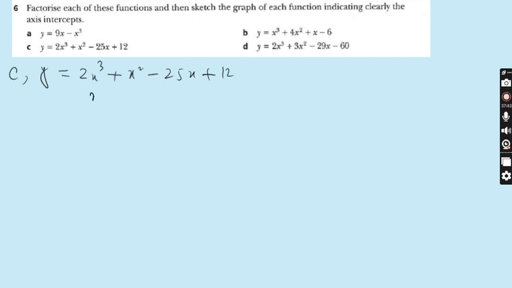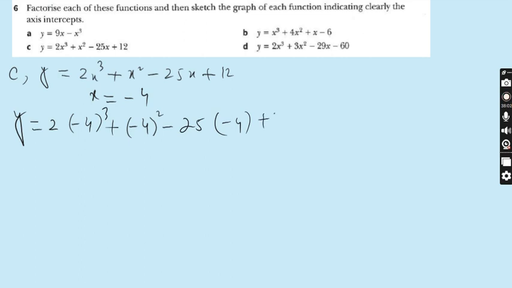If you put x equals to minus 4 in the given expression, you will get 2 times minus 4 cube plus minus 4 square minus 25 times minus 4 plus 12. Minus 4 cube is minus 64, minus 64 twos are minus 128.